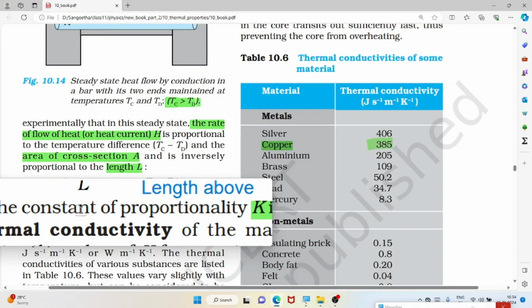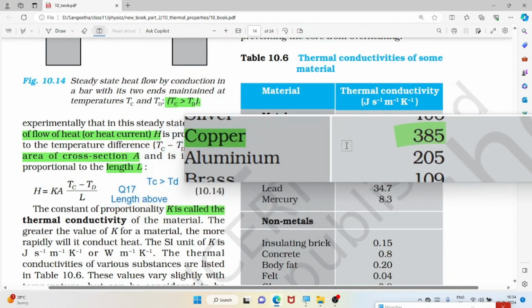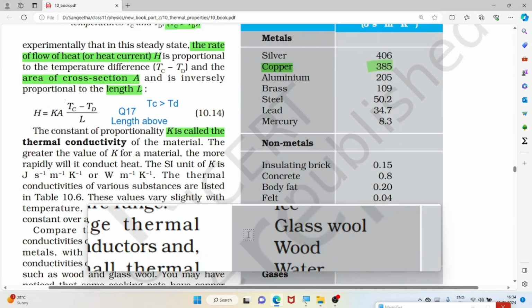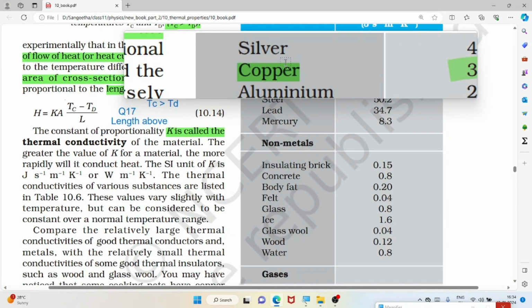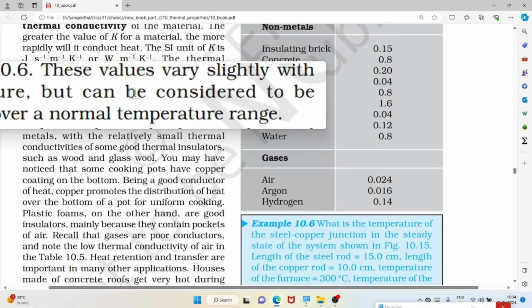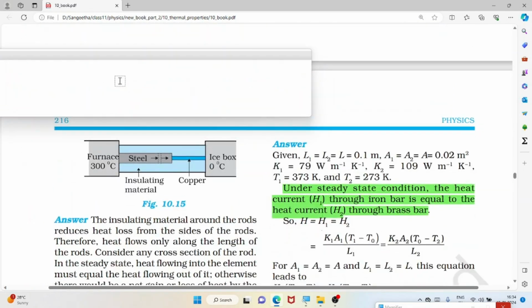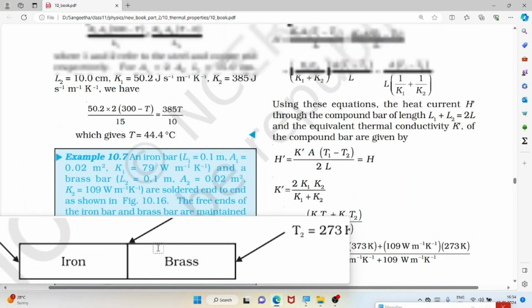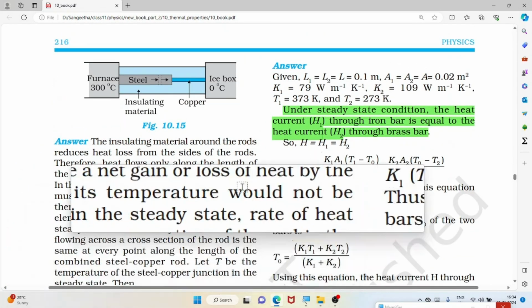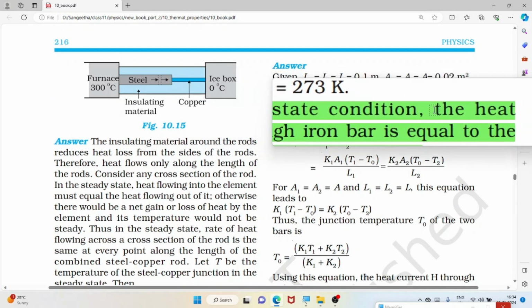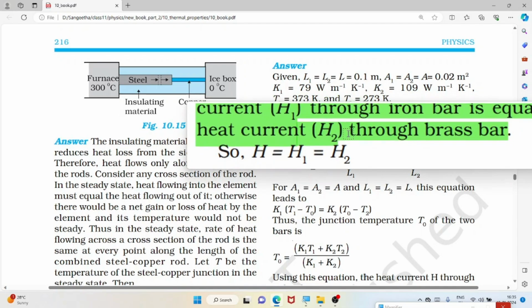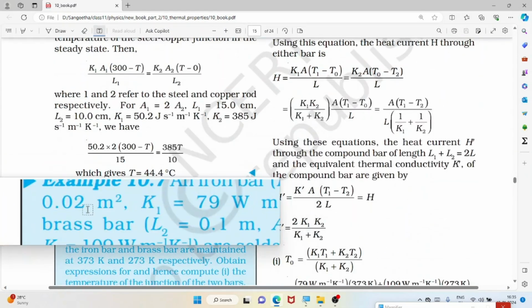Thermal conductivity of copper is high. Silver is higher, but it may be costlier than copper. Under steady state condition, heat current H1 through the iron bar is equal to the other, this is for this problem.